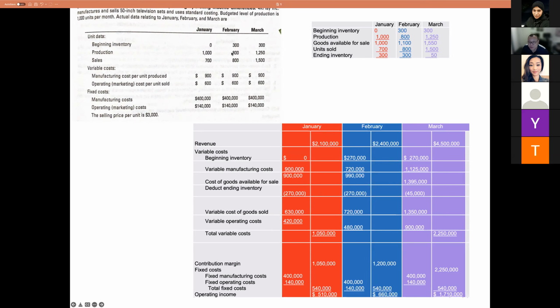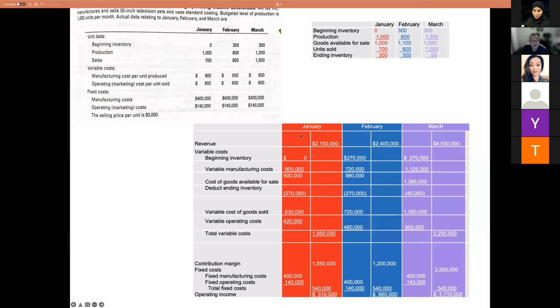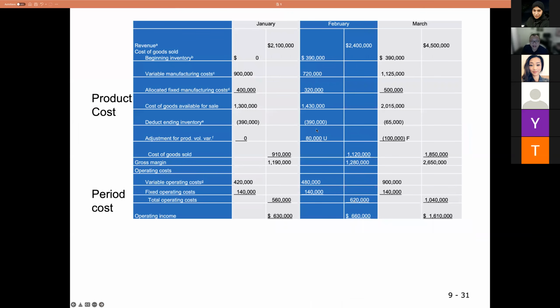There is a 200 difference, times $400 per unit. Remember, 1,000 is the normal capacity minus 800, the actual capacity. So the difference is 200 times the fixed manufacturing overhead rate, which is 400. That's how I get this unfavorable 80,000.